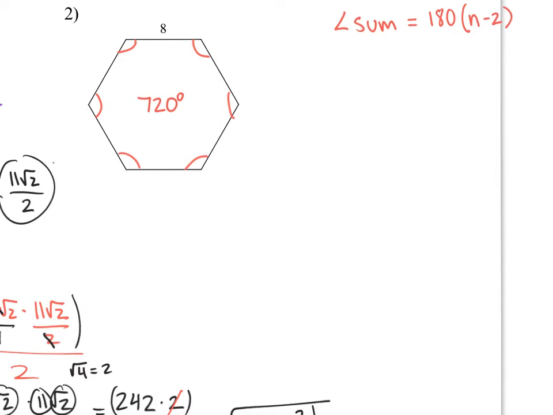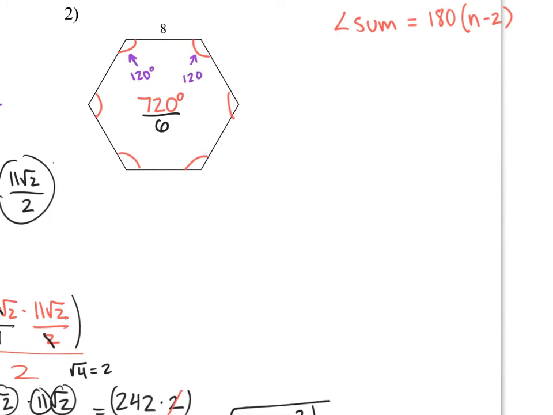So since this is a hexagon, I did 6 minus 2, which is 4 times 180, gives me 720. So all of those angles together give me 720. So to find just one of those angles, I divide that by the number of equal angles there are, divide that by 6, I get that 720 divided by 6 gives me 120. So each of these angles is 120 degrees each.